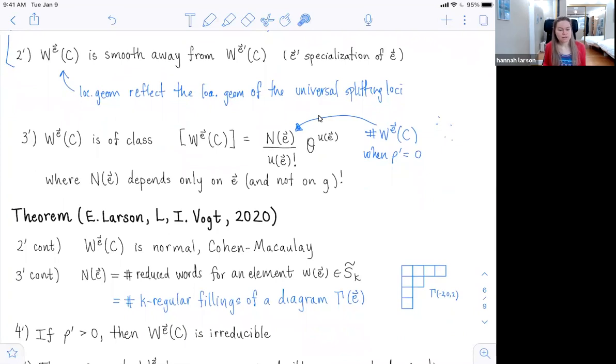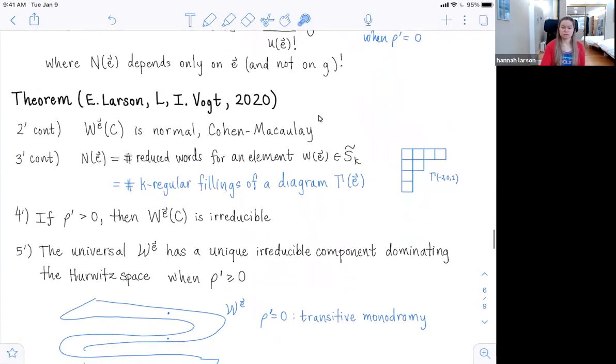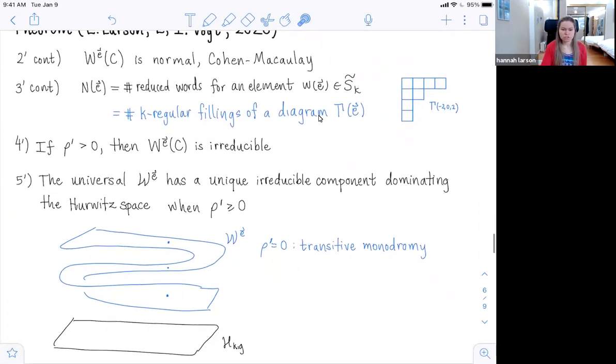Then part 4' is we did show that when the dimension is positive, these splitting loci are irreducible. And finally, we proved that the universal W^e has a unique irreducible component dominating the Hurwitz space whenever rho' is greater than or equal to 0. So again, the interesting case is when rho' is 0, where we're proving that this cover has transitive monodromy.